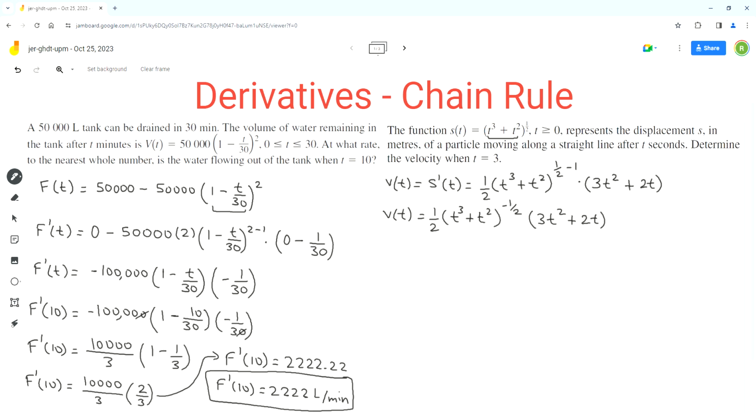Now we can move this t cubed plus t squared term with negative exponent to the denominator to make the exponent positive. So we get 1 over 2 times (t cubed plus t squared) to the exponent half, times 3t squared plus 2t.